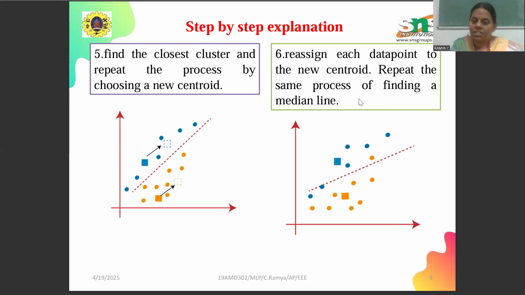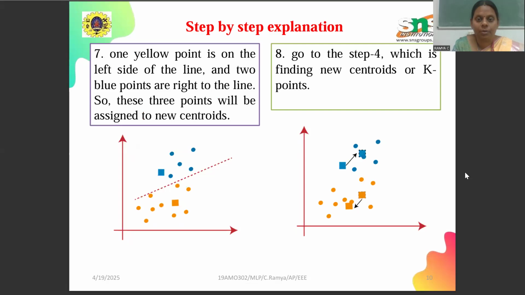Repeat the same process for finding the median line. Here you can see the difference of this median line for the old centroid point and the new centroid point. So we can see some changes in the complete data set based on this new centroid point.